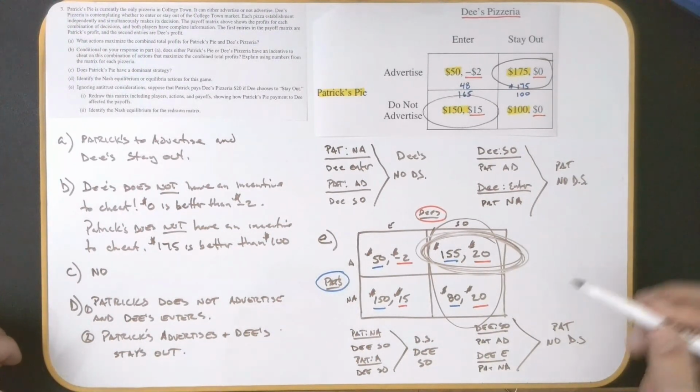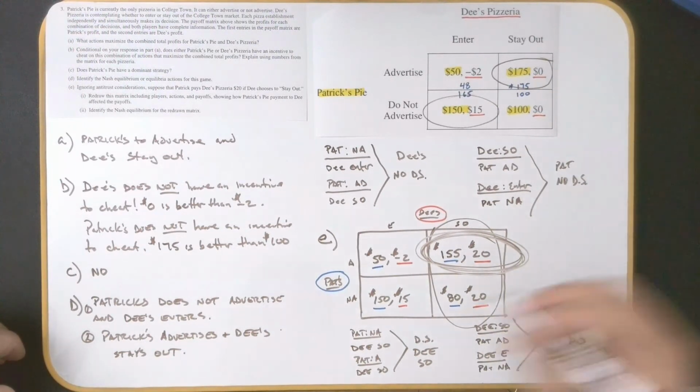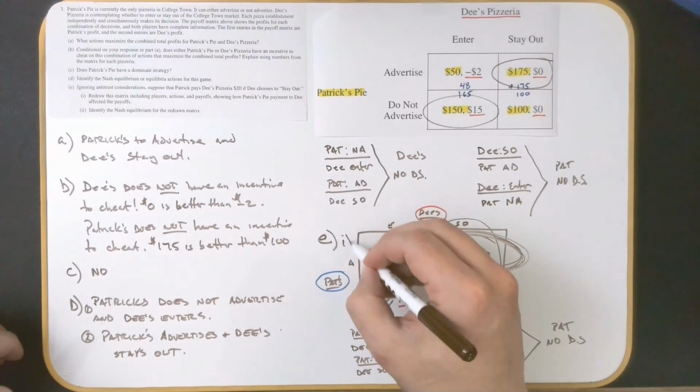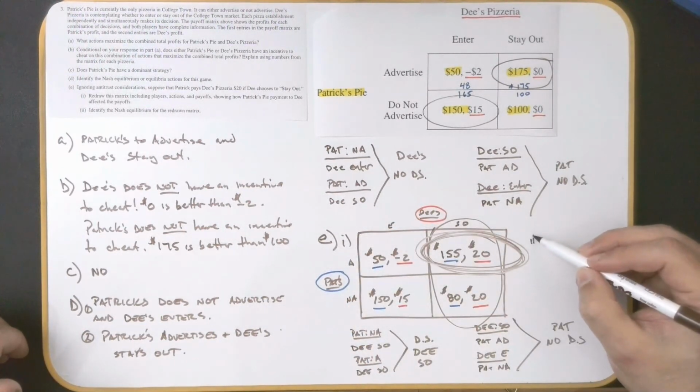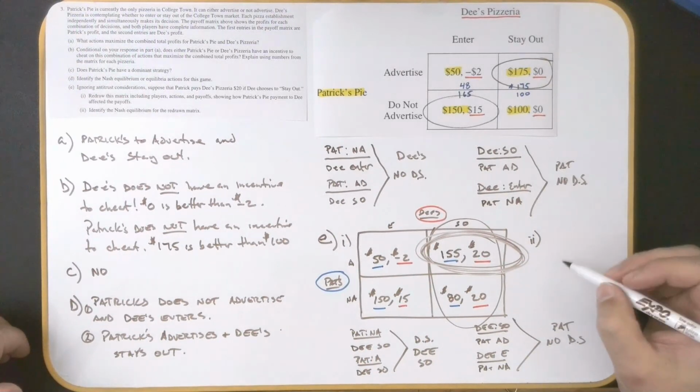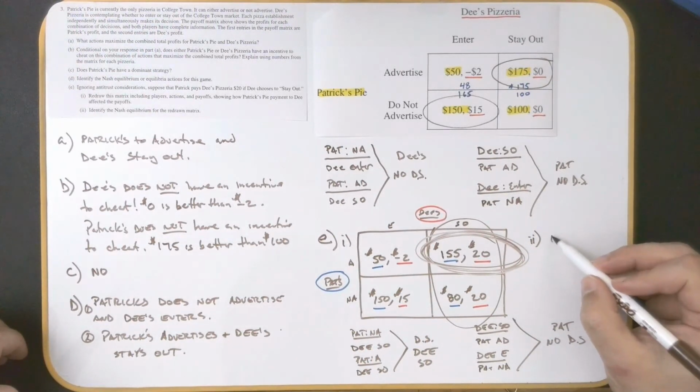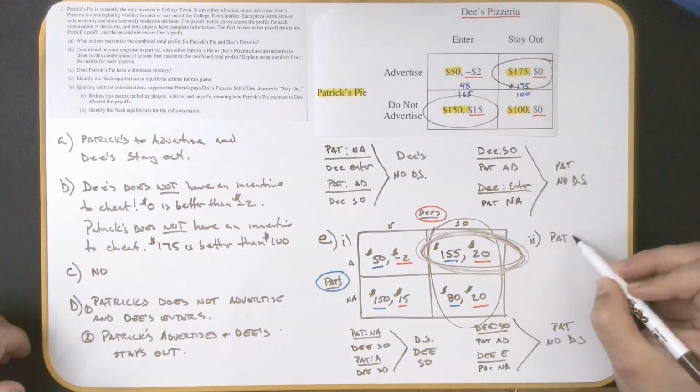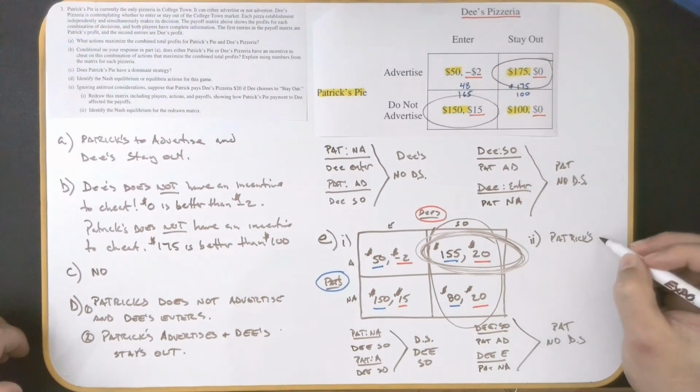So this was, I'm going to do, E1 was right here to actually just draw the thing. And then 2 right here, I'm going to put it there. Nash equilibrium is for Patrick. Patrick should advertise.